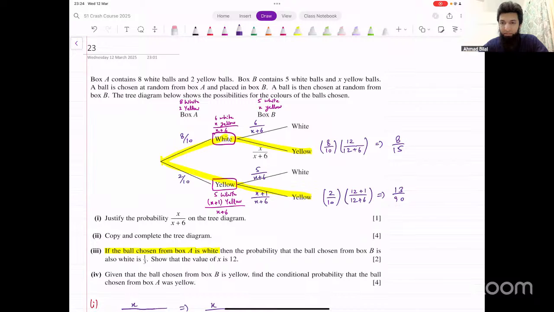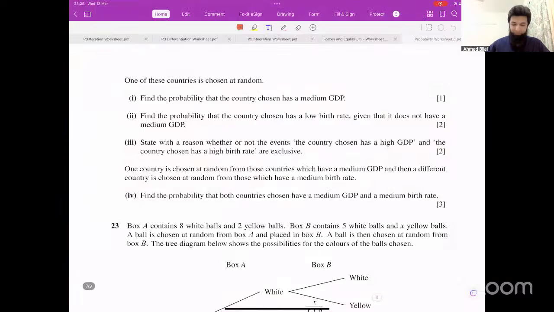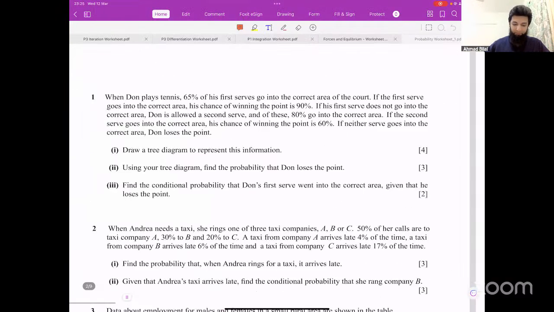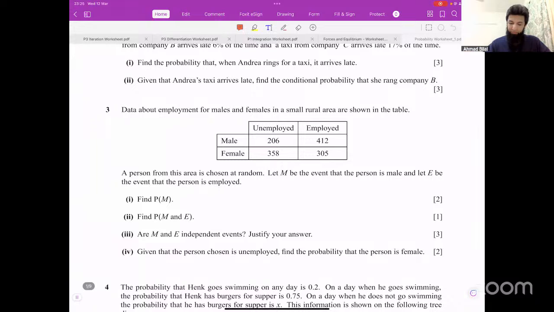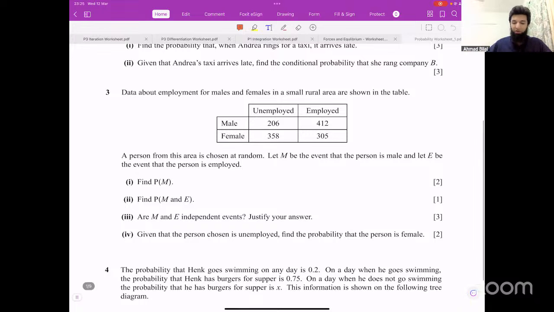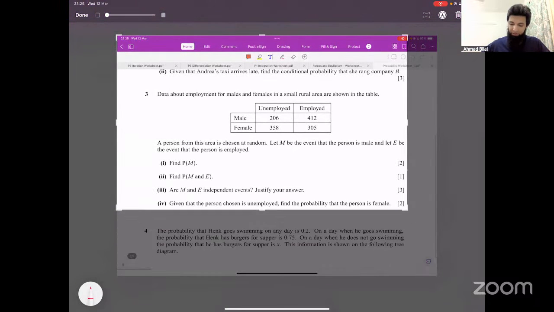Okay, so next one. All right, let's do question 14 and question 3. Okay, let's do this one and then we do 14 after this. Question number 3.